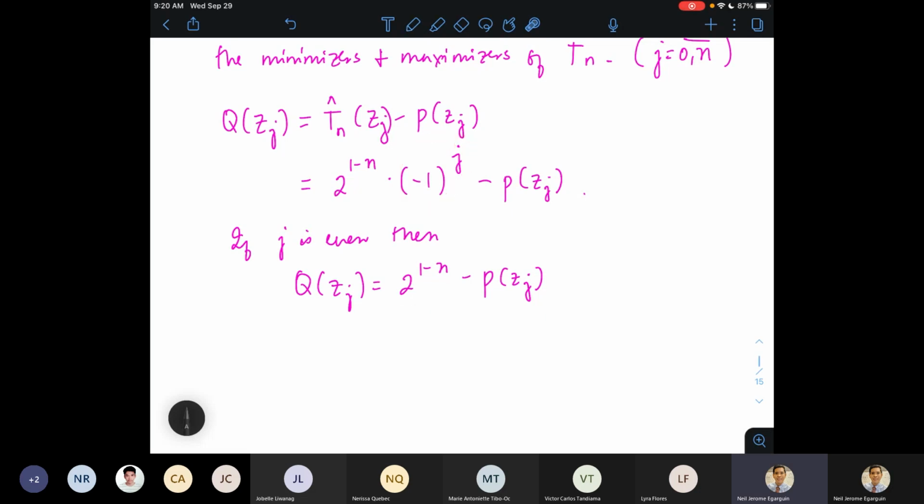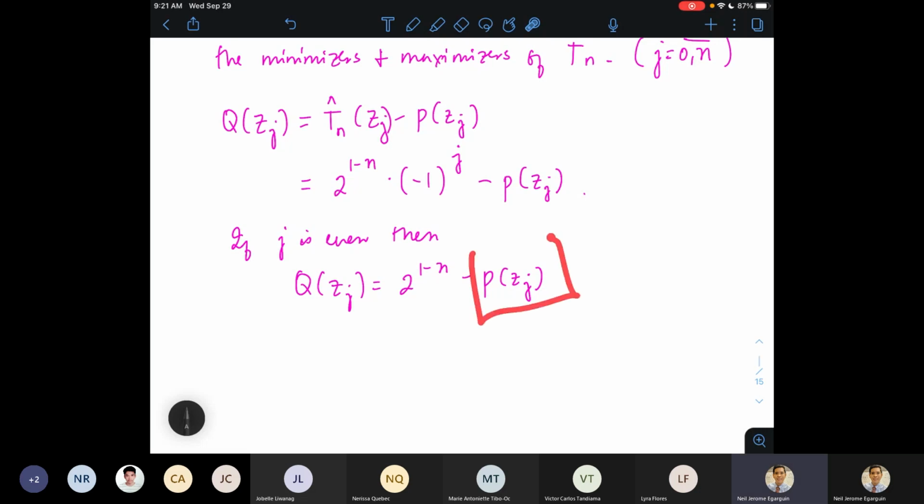This is all we have. But what can I say about the value of Q of ζ_j? So this is 2 to the 1 minus n. That's a constant right away, except for n. But what can we say about P of ζ_j?